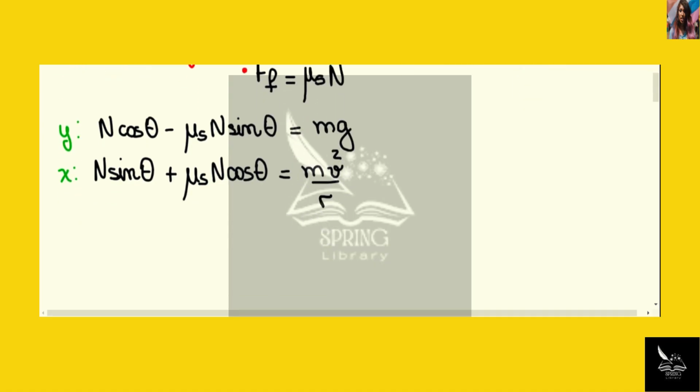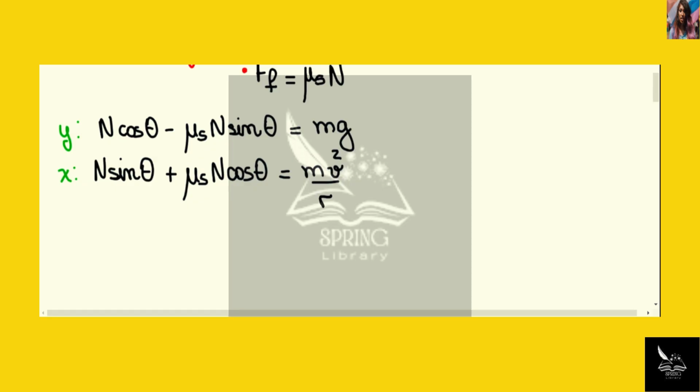Okay. Remember that our goal is to find v. So first, we have to notice that there are two unknowns. We don't know what n is, the normal force, and we don't know what v is. And it's going to be impossible to find v if we don't know what n is first. So let's do that.